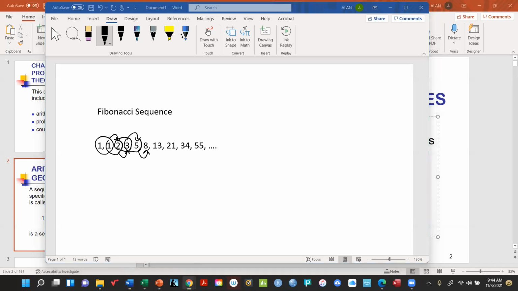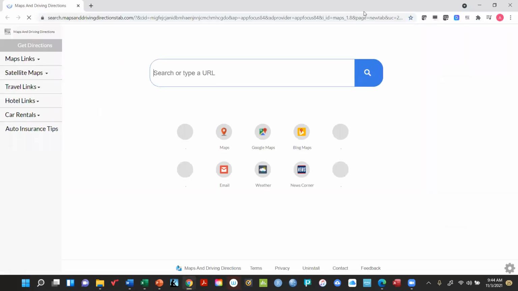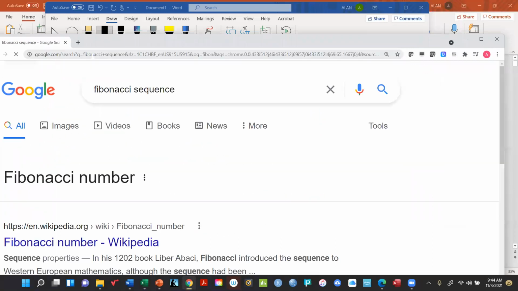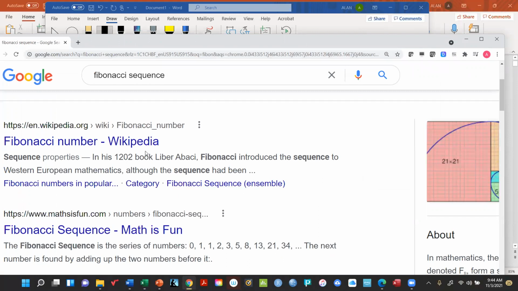Let's just do a little research here. Fibonacci was a very famous mathematician in Renaissance Italy. And oh my God, it's even further back than that.